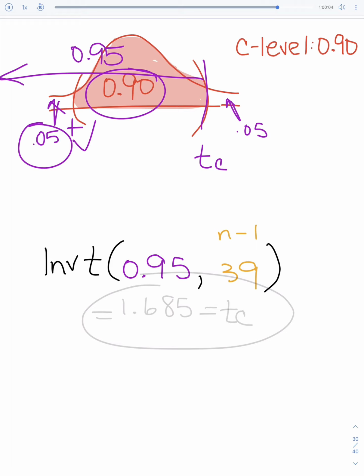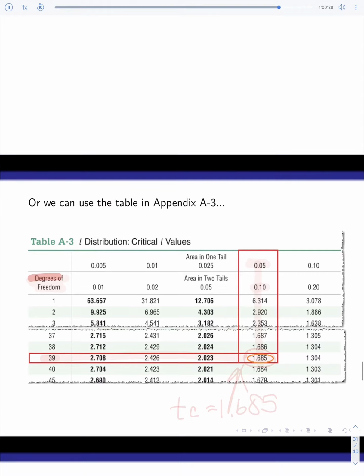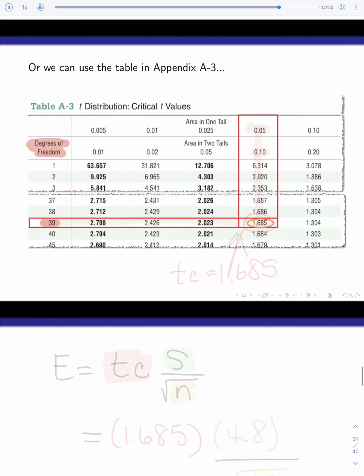And so you would use your calculator for that, and you'd get a value of 1.685, roughly. And this is your critical value for T. Or you can use your table, and your table gives you degrees of freedom of 39.